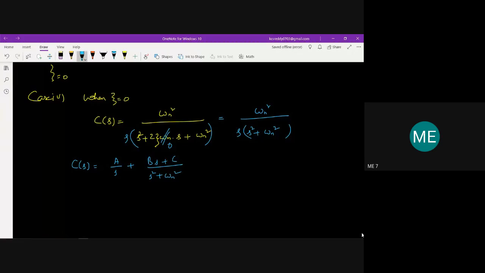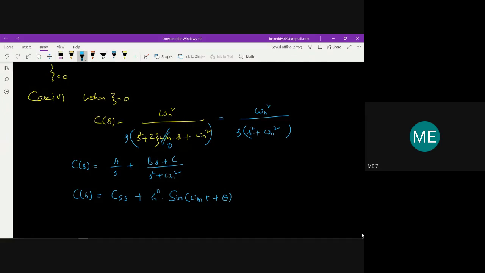Applying the partial fractions, C of s gives the steady state value A plus a constant. Here there will not be any exponential term as in the previous case, just omega n into t plus theta.